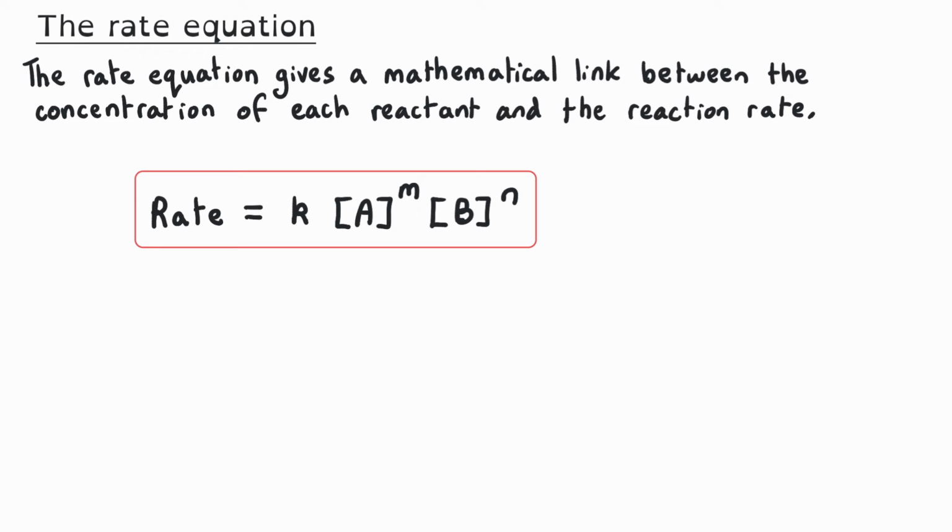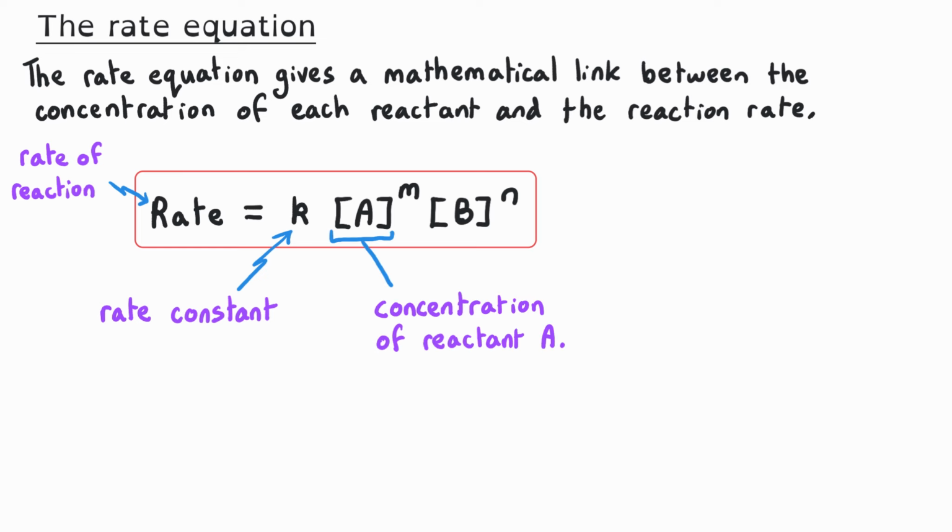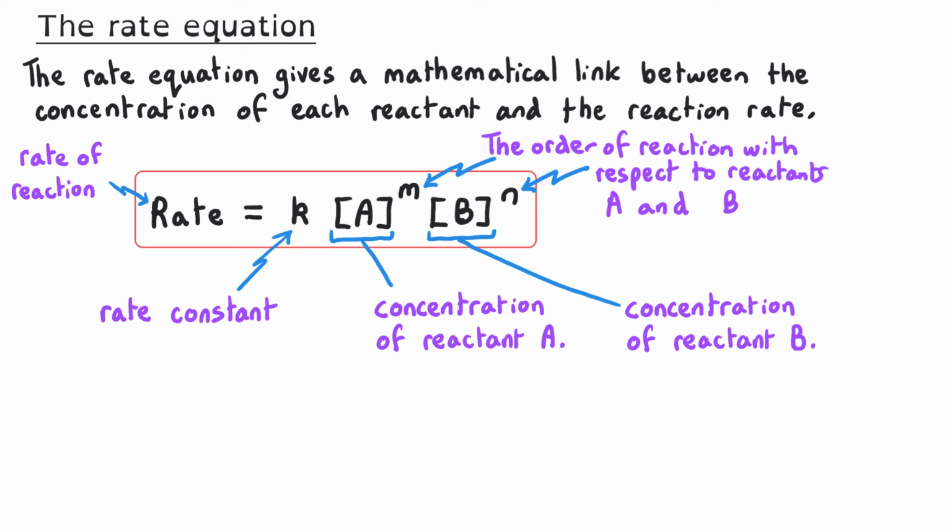Rate is the shorthand for rate of reaction, and k is something called the rate constant, which we'll come back to in a short while. The square brackets with a capital A inside is referring to the concentration of the reactant A, and this one is the concentration of reactant B. And the small m and the small n are the orders of reaction with respect to reactants A and B.